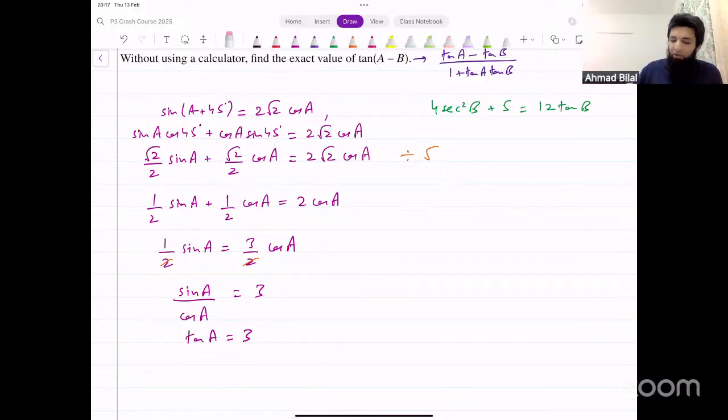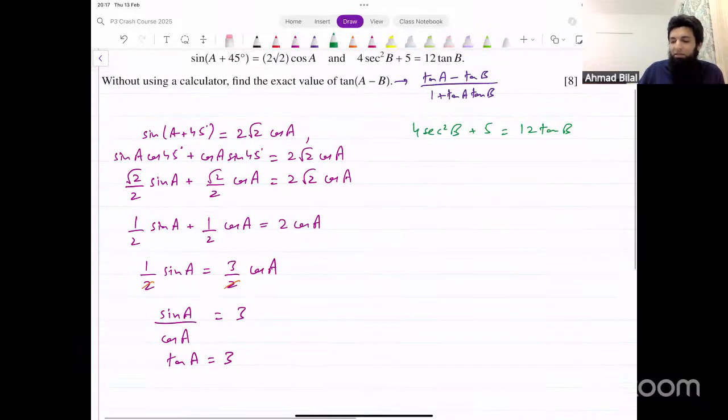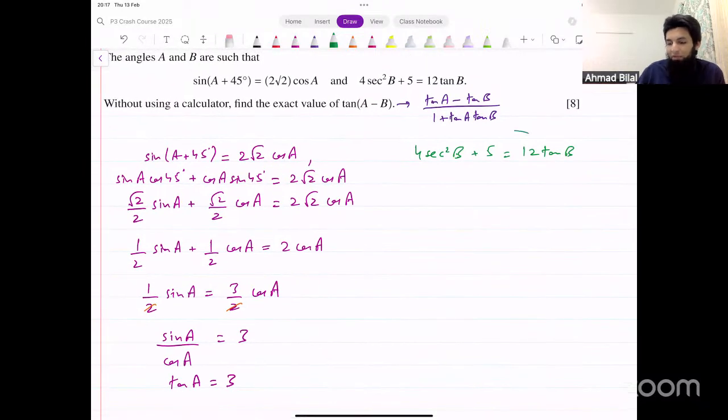Now we solve the other equation. How do we solve this? We have secant squared and we have tan. We have to somehow convert secant squared to something else so that we can solve this equation. Any idea? What identity should we use? What is secant squared?